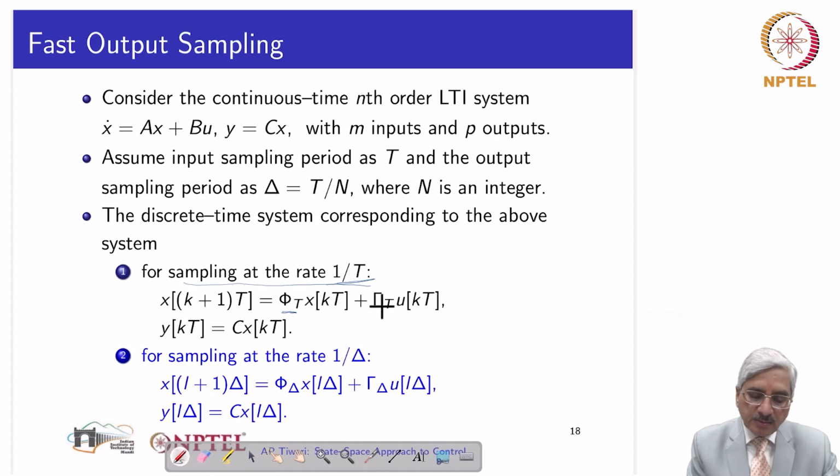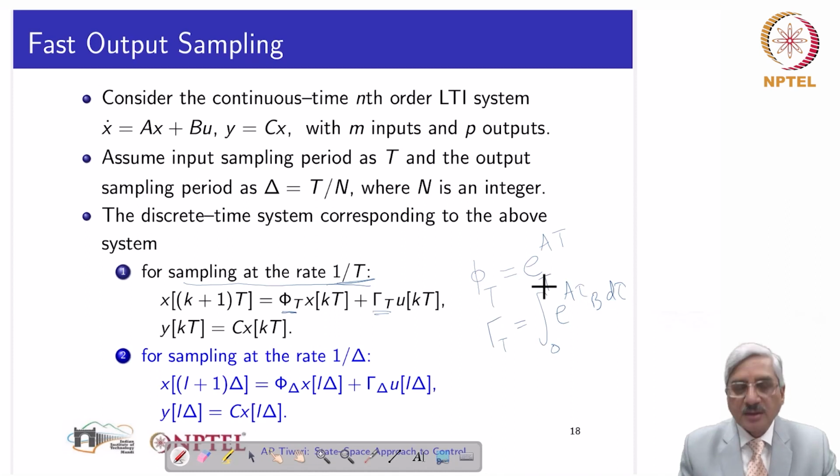It is characterized by the matrices phi T and gamma T, where phi T is e power AT and gamma T is the integral of e power A tau B d tau between 0 to T. This relation we discussed in the first lecture of this week.